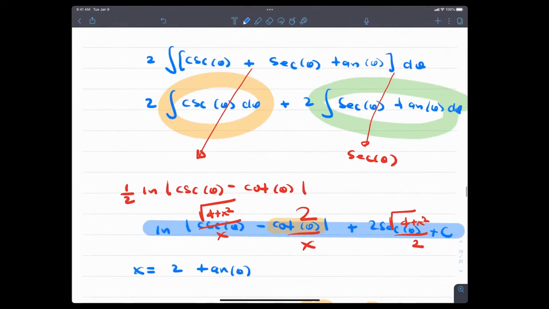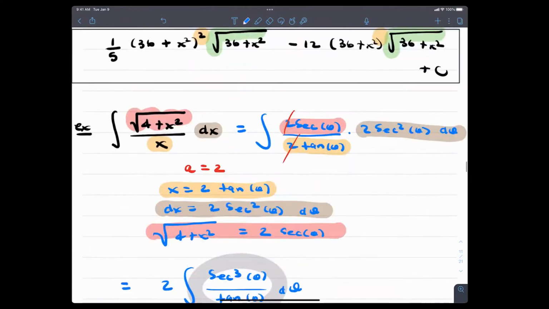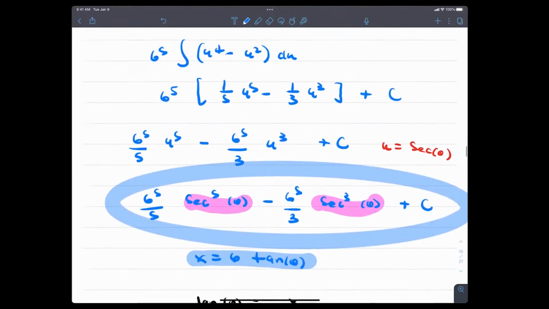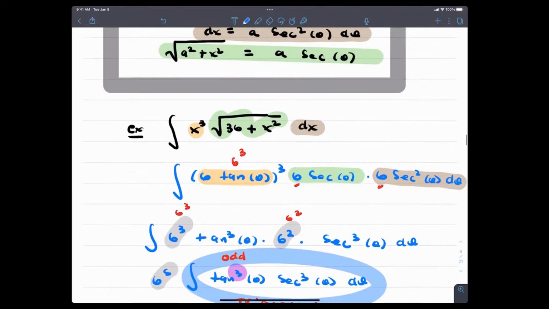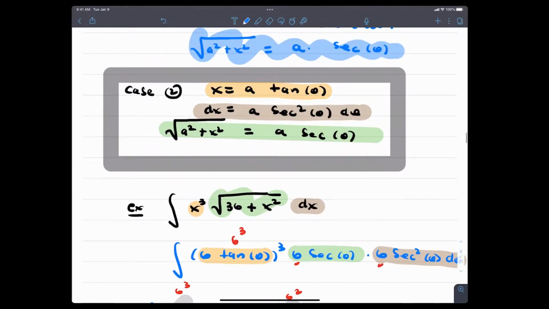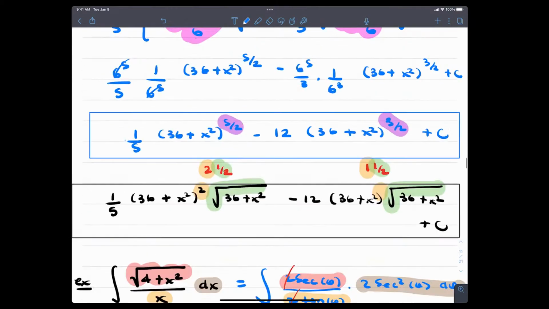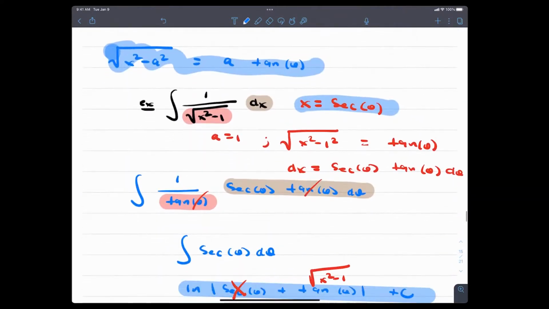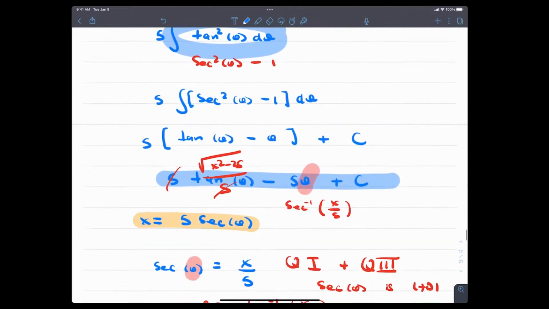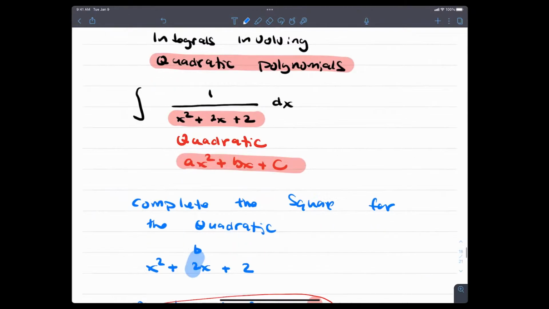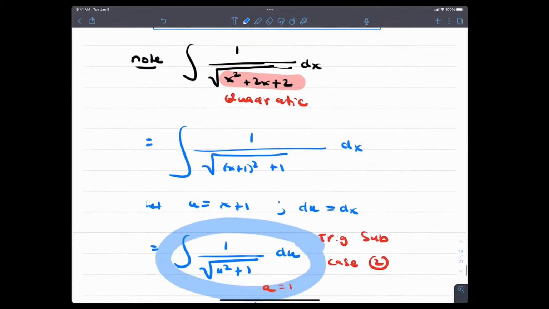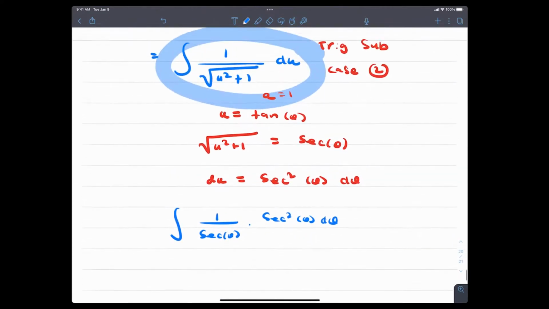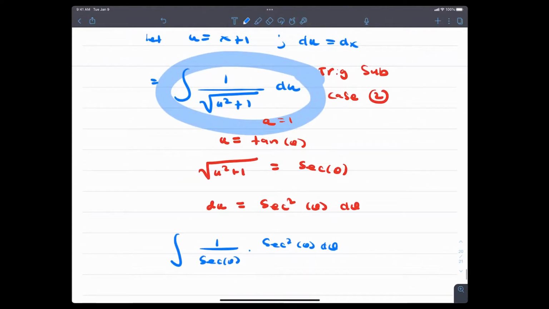Here's case 3. Go back to case 2. Where's our case 2? It looks like it's secant theta. Is that true? Okay, so we got secant theta, and then we have... So double check.